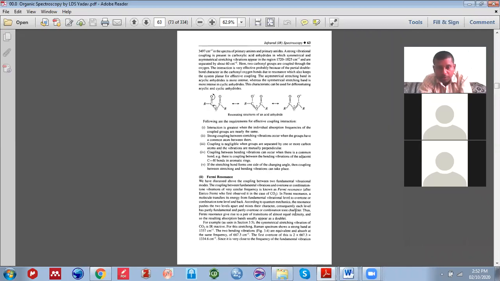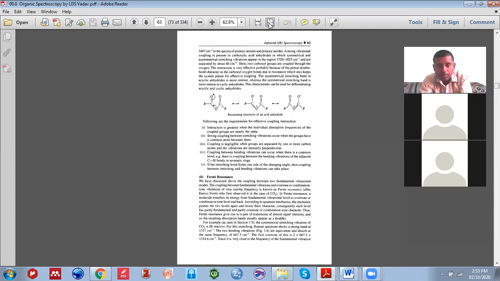a molecule transfers its energy from a fundamental vibrational level to an overtone or combination tone and back. According to quantum mechanics, the resonance pushes the two levels apart and mixes their character. Consequently, each level has partly fundamental and partly overtone or combination tone character.